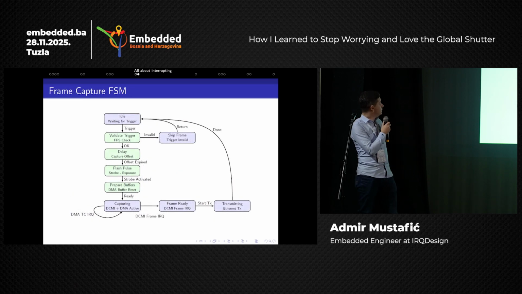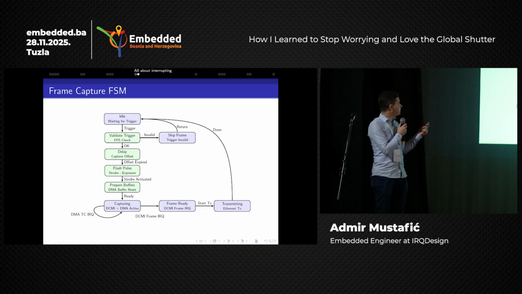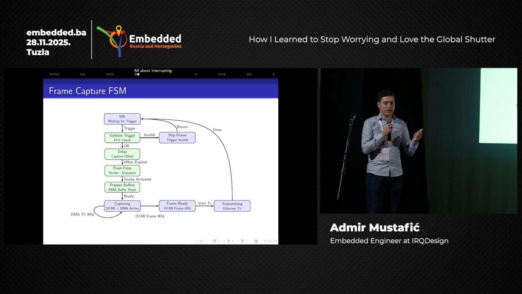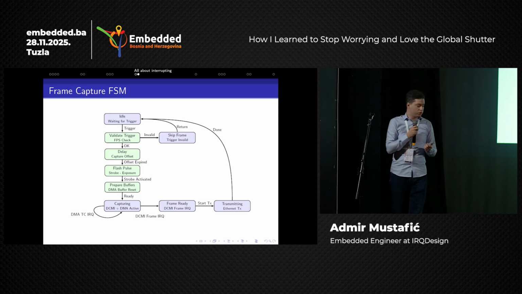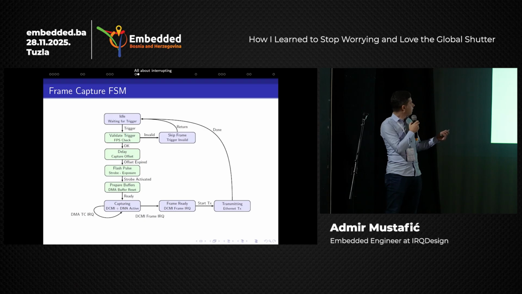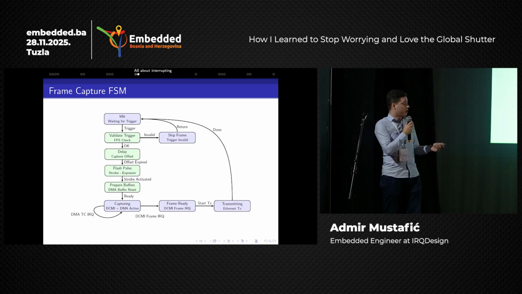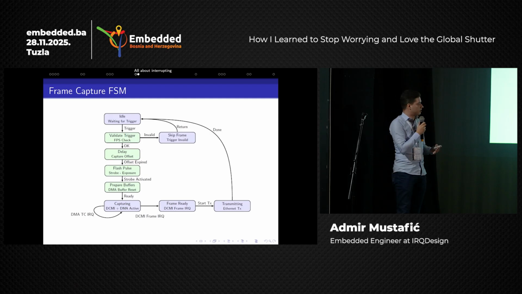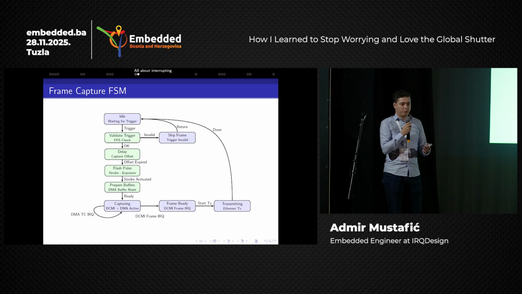And here we have the simplified state machine. The system is at the start in the idle mode, where it's waiting for this external trigger. Once it's received this trigger, it needs to validate this trigger. It needs to check its FPS. Why does it need to do this? Well, the maximum frame rate is defined by the pixel clock and the amount of data per bit.